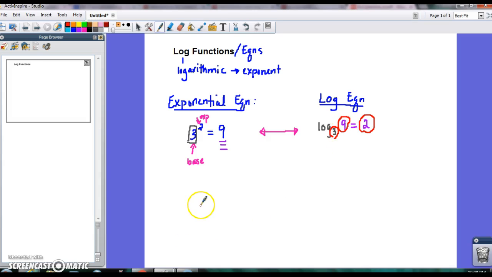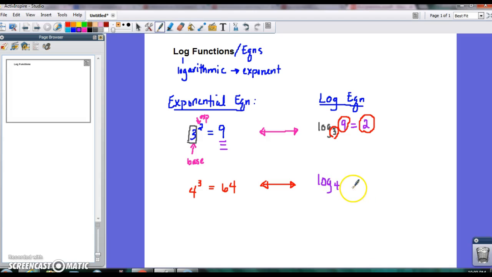I'm sorry that I keep coughing. Let's do a different example. Let's say 4 to the 3rd is 64. If I write that in log form, I'll say log. Now my base in this problem is 4, so that's my subscript.